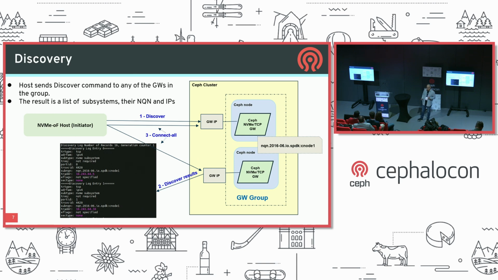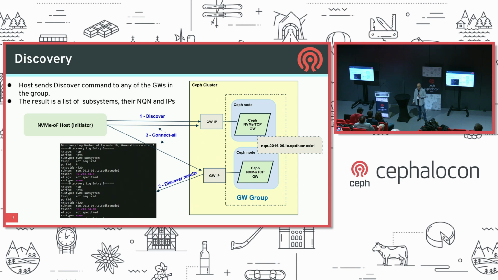Just a little bit about NVMe-oF discovery. The purpose of discovery is for the initiators to be able to discover all of the subsystems and IP addresses that they can connect to on a certain NVMe-oF target.